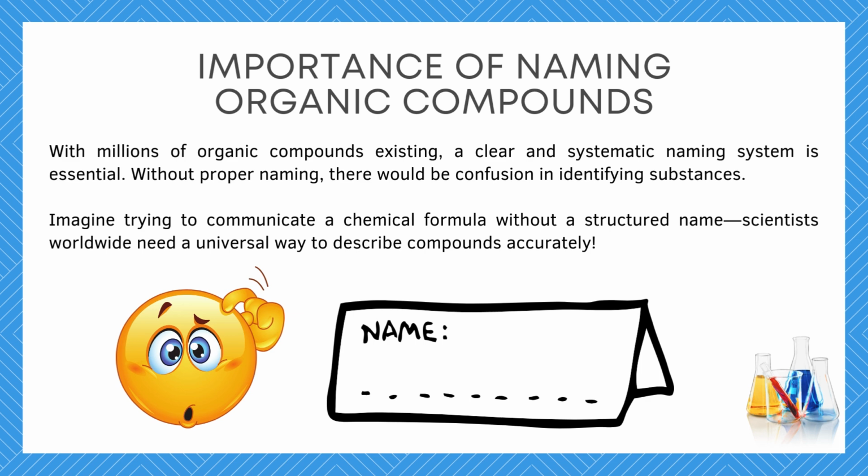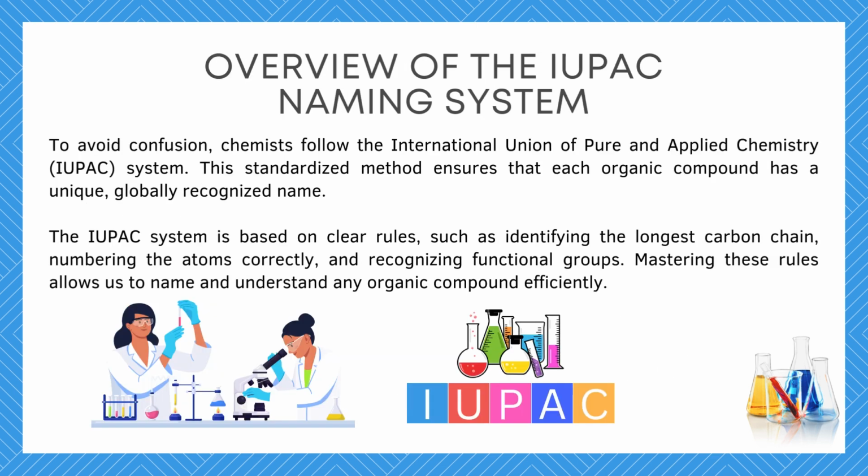So, without proper naming, there will be confusion in identifying substances. Imagine trying to communicate a chemical formula without a structured name. Therefore, scientists need a universal way to describe compounds accurately. So that brings us to the overview of the IUPAC naming system.